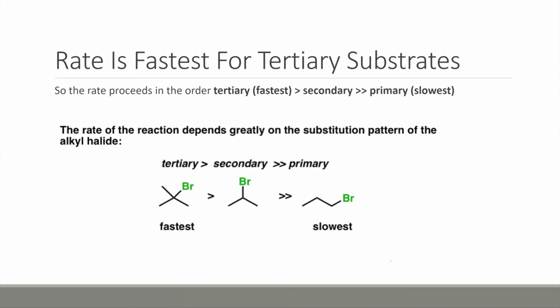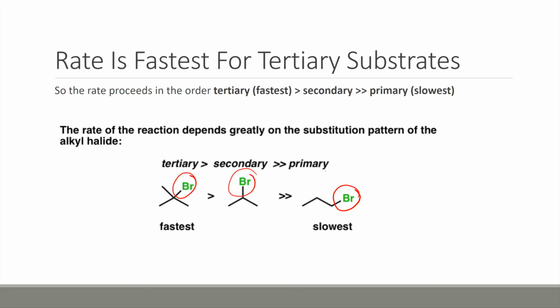So for example, the rate of reaction with a tertiary bromide versus a secondary versus a primary, shown here, would be as thus, with the tertiary reacting fastest and the primary reacting slowest or not even at all for this type of elimination reaction.